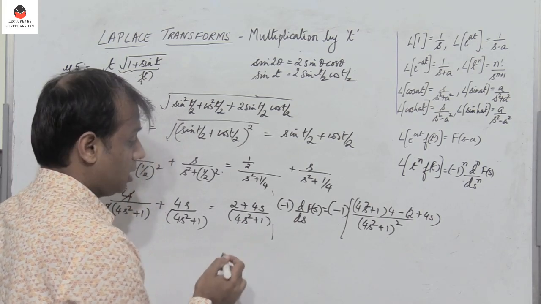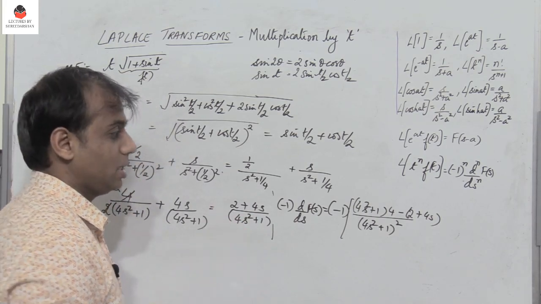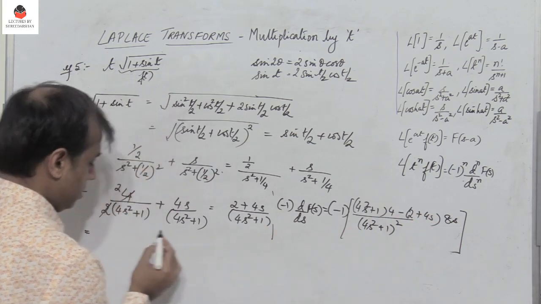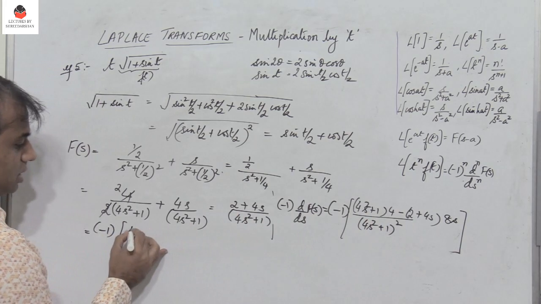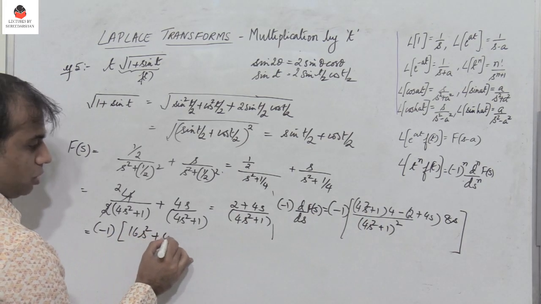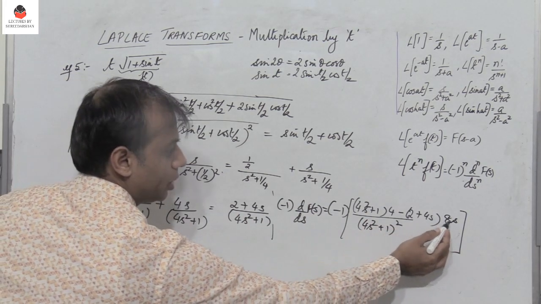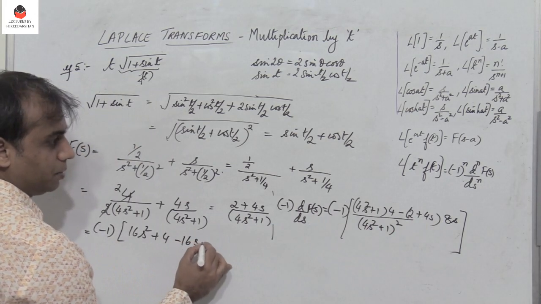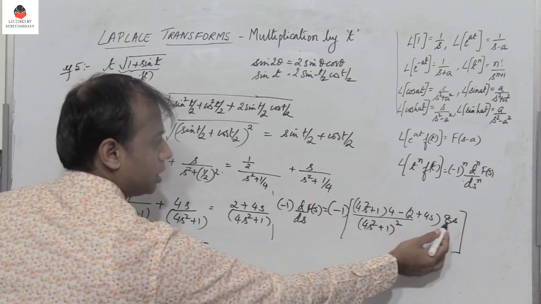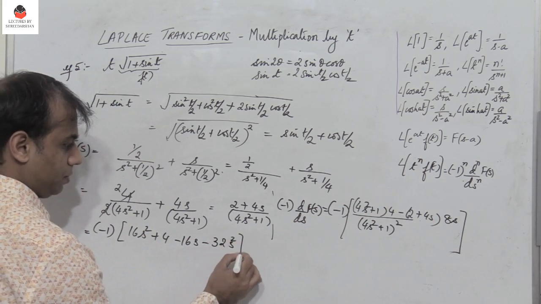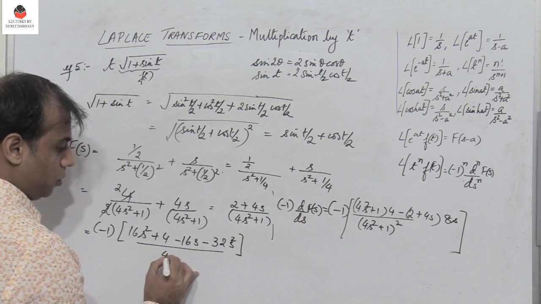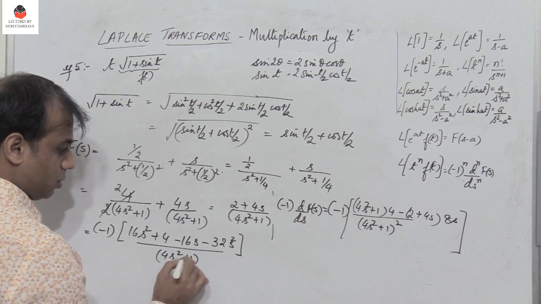So if I differentiate this, I get 2 into 4s, which is 8s. So multiply, so you get minus 1, 4s square into 4 is 16s square plus 4, minus 2 into 8 is 16s, minus 4 into 8 is 32s square divided by 4s square plus 1 the whole square.